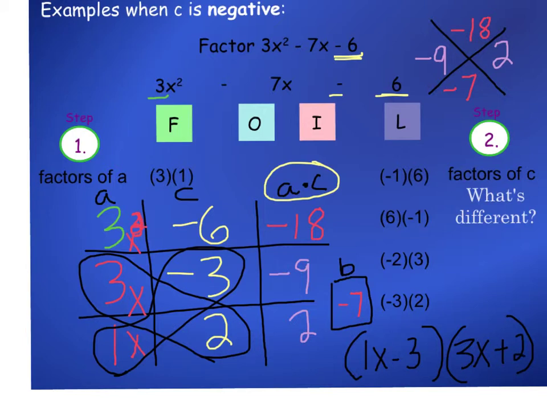Very quickly, x times 3x is 3x squared. 1x multiplied to 2 is 2x, and that's where I got my 2. Negative 3 times 3x is negative 9x, and that's where I have my negative 9. And negative 3 multiplied to 2 is negative 6, and that's my last term.